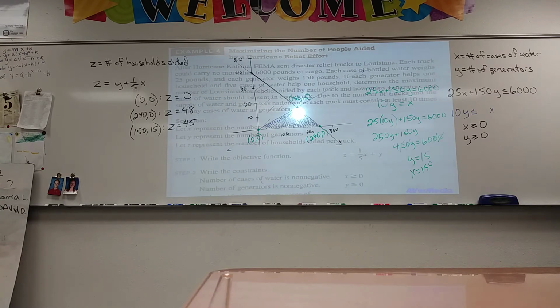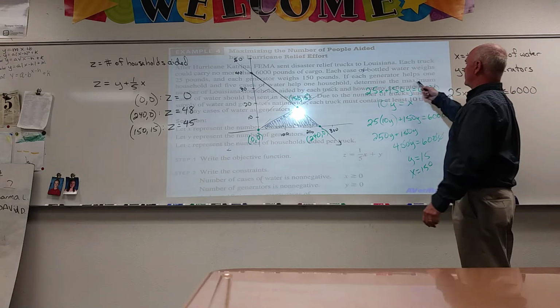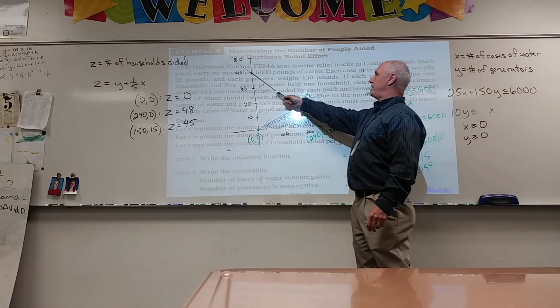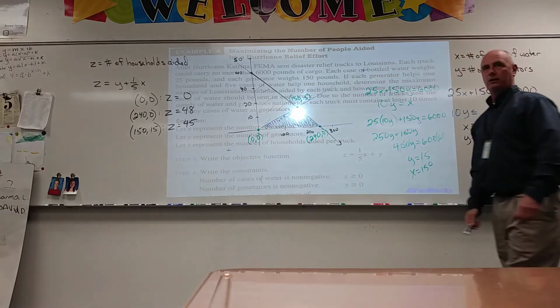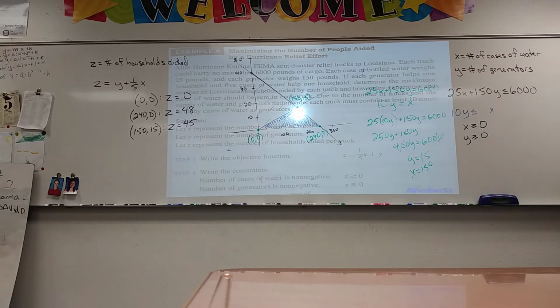So, determine the maximum number of Louisiana households aided by each truck. 48. According to the info that we are given, the maximum number of households that can be aided is 48.